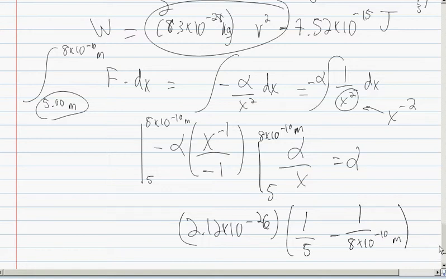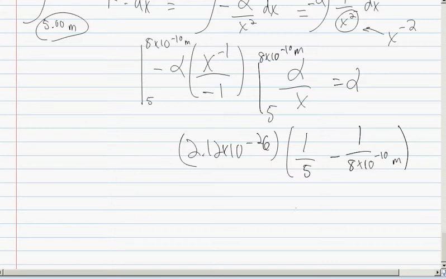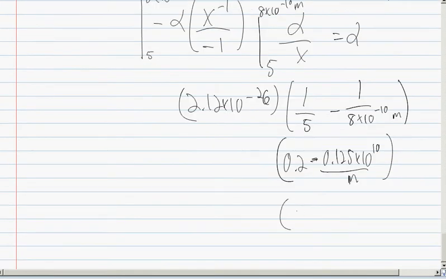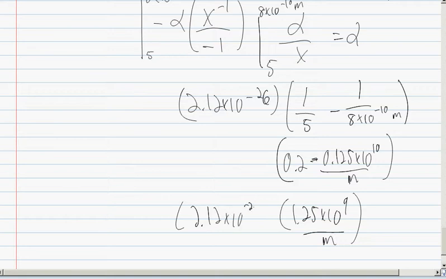Well, that's just going to be some ginormous number. So it's going to be 0.2 minus 1/8, 0.125 times 10 to the 10th over meters. Which again is just going to be 1.25 times 10 to the 9th over meters. This is 2.12 times 10 to the negative 26. I think they said it was Newton meters squared.